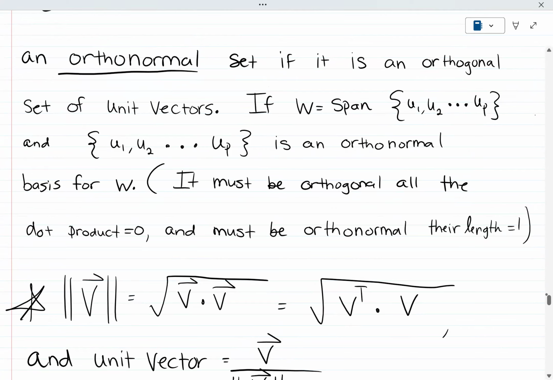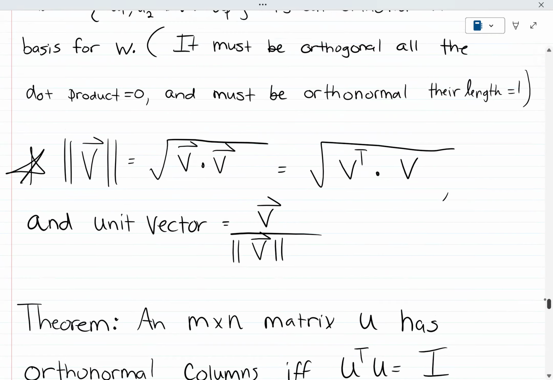That means their length or their magnitude is 1. So if you recall, the magnitude of V is the same thing as the square root of vector V times vector V, or you could think of it as the square root of vector V transpose times vector V. And then the unit vector is vector V all over the magnitude of vector V.